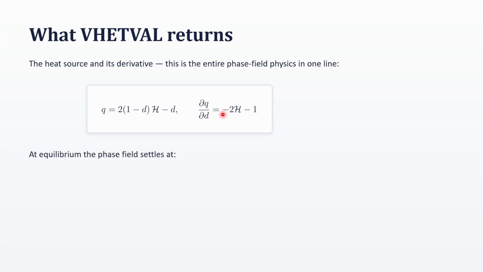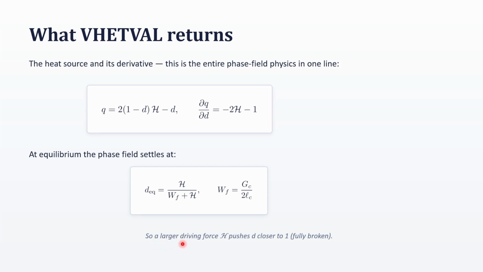It will take these two into account, and at equilibrium the phase field settles at this. So this is the analytical expression of the phase field with respect to the history field and GC over LC. This is what you use in one-dimensional cases typically, but again, this is internally how the VHETVAL solves for the phase field.